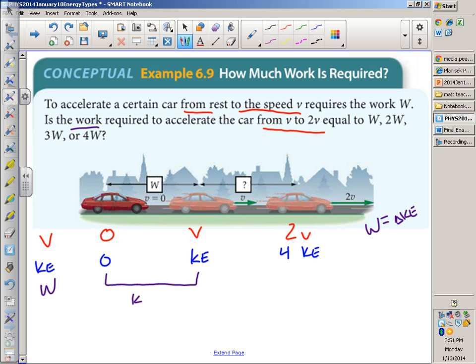Just equal to KE. But from here to here, how much of a change are we looking at? 3 KE. So you say 4K? No. It would be 4 KE for the whole thing, but this specifically just asked you about from v to 2v. So the answer there is 3W.